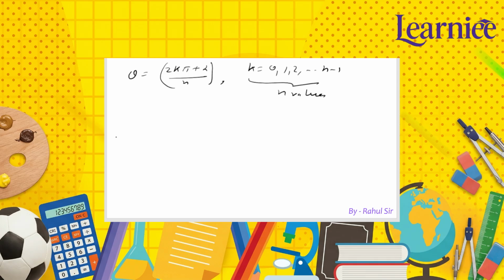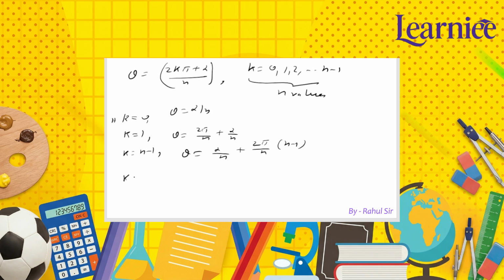So we can check it. When k is equal to 0, theta is alpha by n. When k is equal to 1, theta is 2 pi by n plus alpha by n. When k is equal to 2, theta is, or let's say directly jump to n minus 1, theta is alpha by n plus 2 pi (n minus 1) by n.